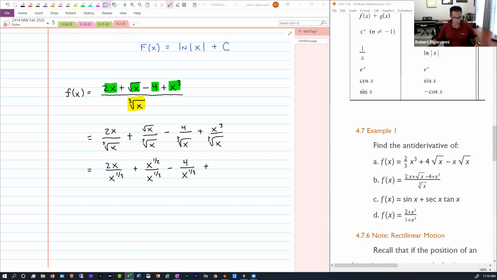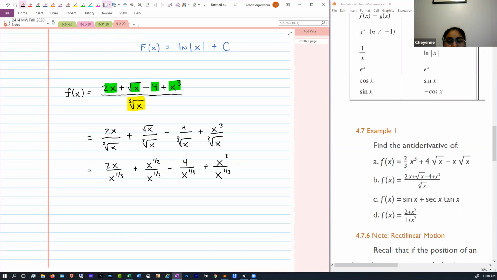Cheyenne, why do you think I'm doing this? Why do you think I'm going through this process of rewriting everything, putting things as rational exponents? What do you think the purpose of this is going to be? Would it be easier to go through the problem without making too many incorrect steps? Okay, but why did I do this though?